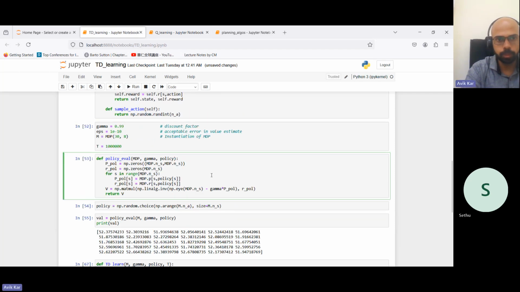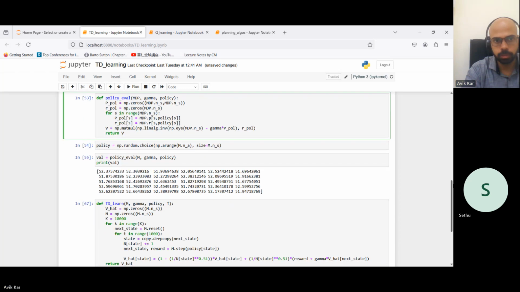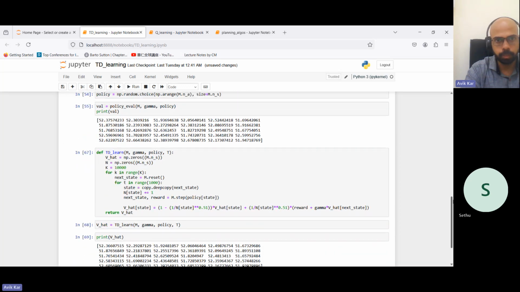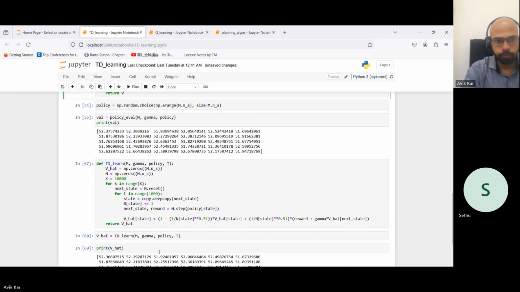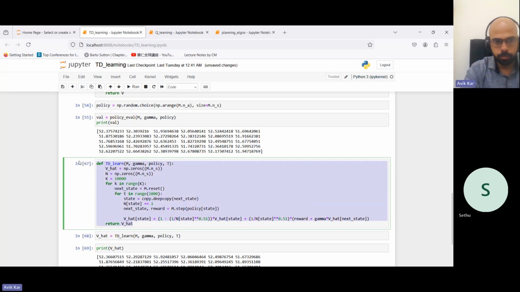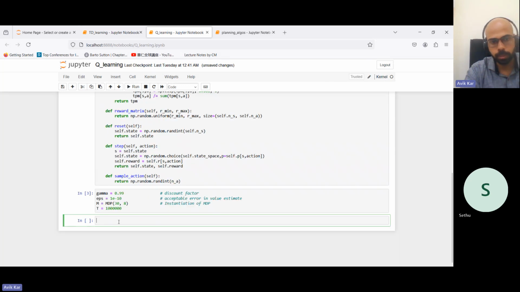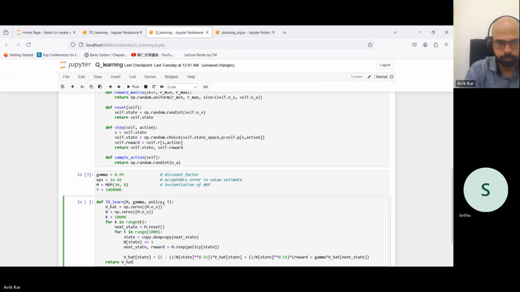Here we do not need any policy evaluation or, as a matter of fact, any policy at all. The Q-learning algorithm will be very similar to this TD learning, so I'm copying this function. Instead of V hat, we'll have Q hat, and the size of Q hat will be NS cross NA.